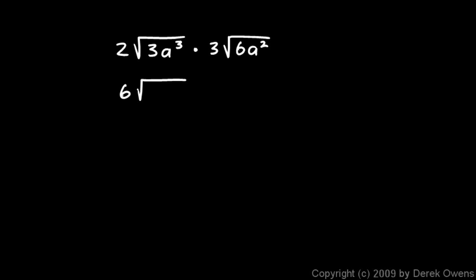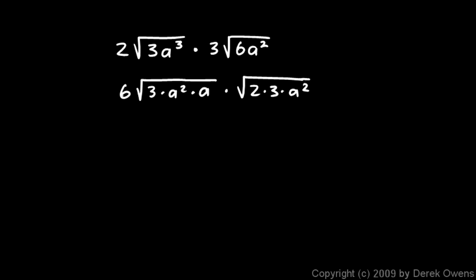I'm going to write that as 3 times a squared times a. So that's that radical, and then I also have this radical, and that's going to be the square root. I'm going to write the 6 as 2 times 3, and then I have the a squared.